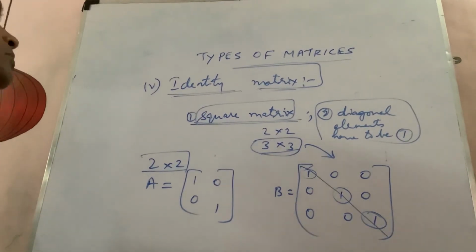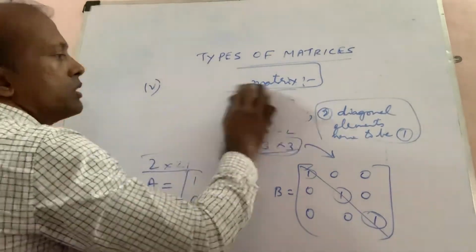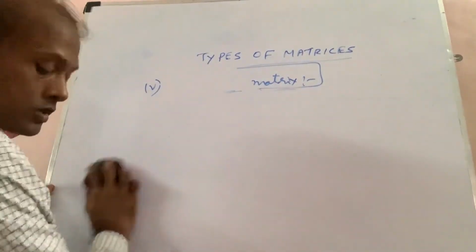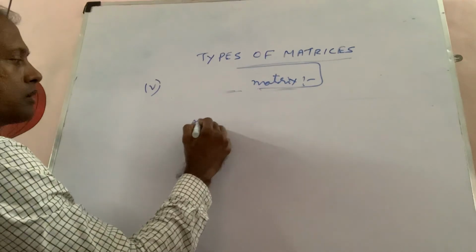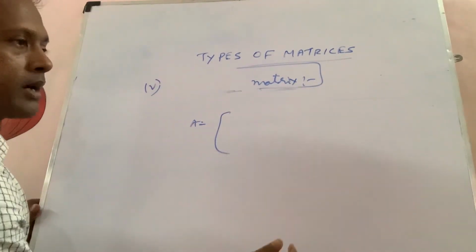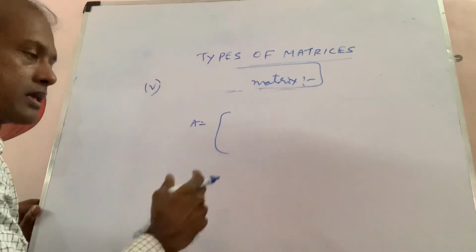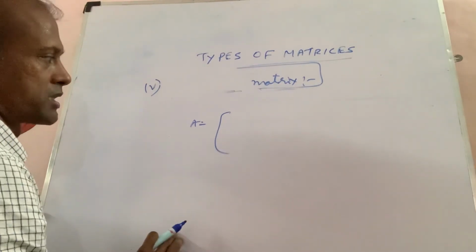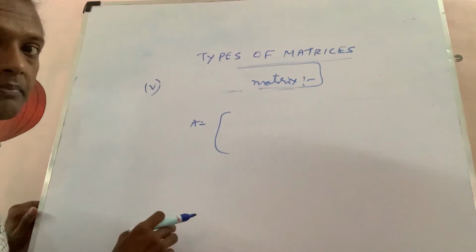And the last type of matrix. Okay? So far we have seen column matrix, row matrix, scalar matrix, diagonal matrix, identity matrix. This is a special matrix. What is the speciality in this one? Okay.